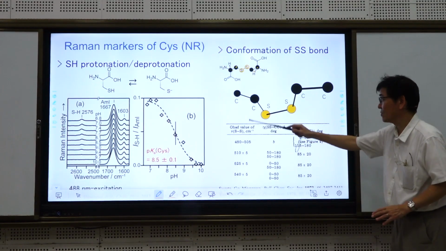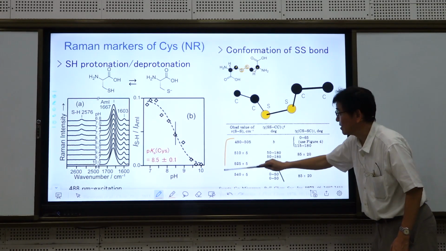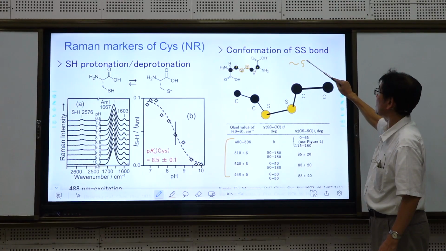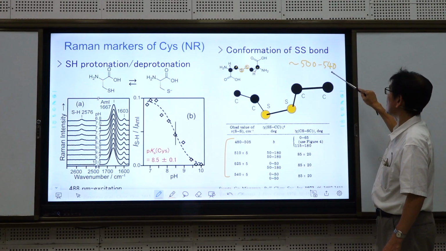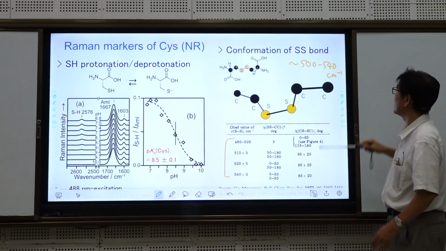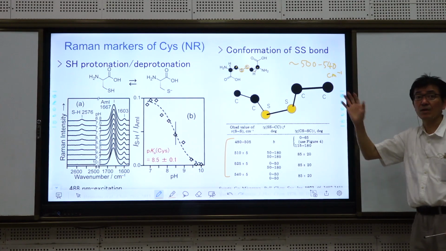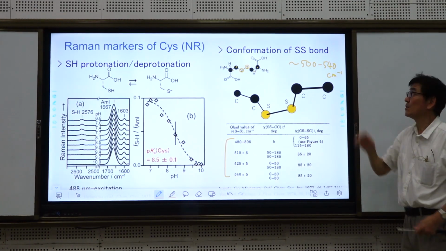I skip the details of this table, but the SS bond near 500 to 540 wave number is very characteristic, and there is no other peak in this region in principle.